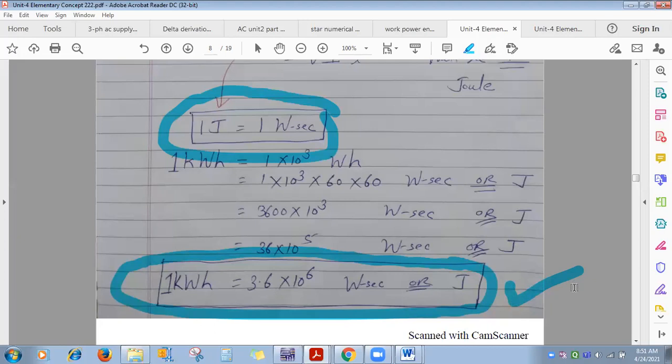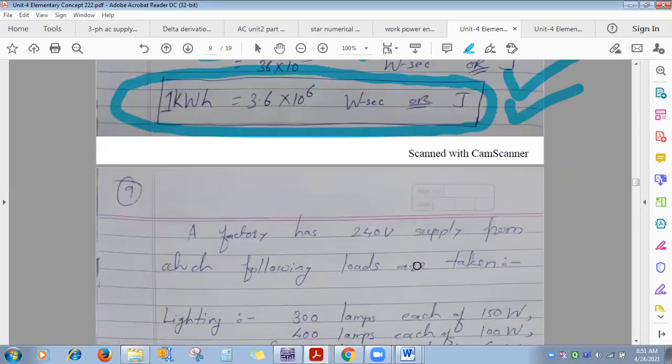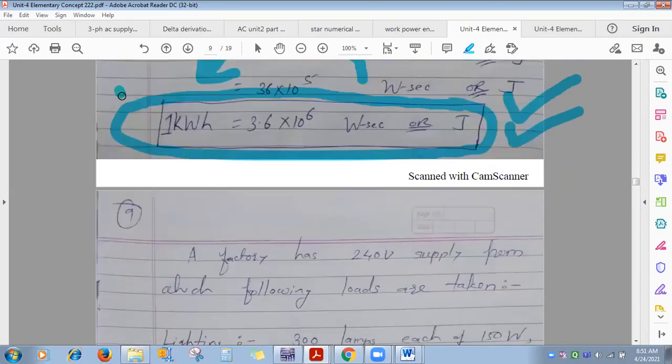It is 3.6 into 10 to the power 6. Or the reverse: 1 joule is equal to how much kilowatt hour? Everyone got it? Yes, MCQ question. 1 joule is equal to how much watt second? Keep this formula in your mind. You may get asked based on this. Got it, everyone?